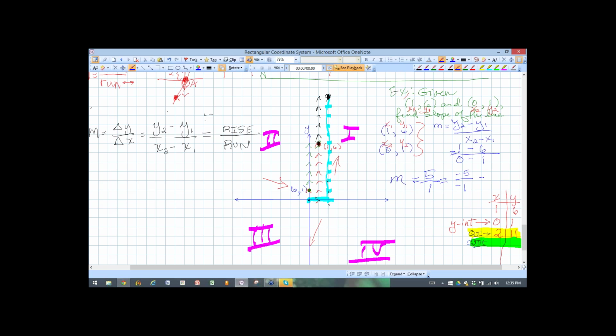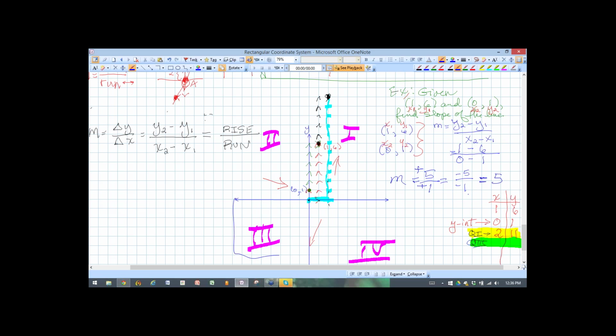So far, we have used positive 5 over positive 1 to go up and to the right. Now, if I want to get to quadrant 3, that's down here, I need to be able to go down and left. And doing that requires me to do a sign adjustment. But we want to keep it equivalent. We want to make sure it always can go back to what it's supposed to be.